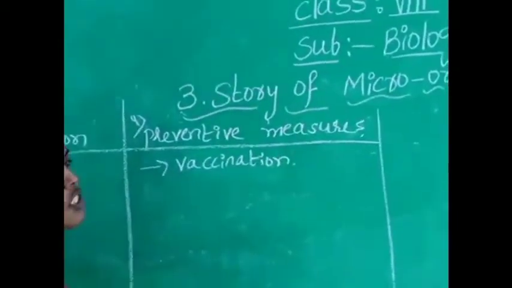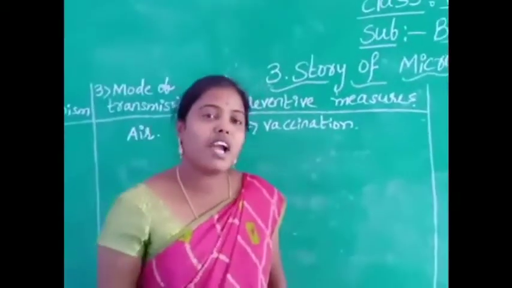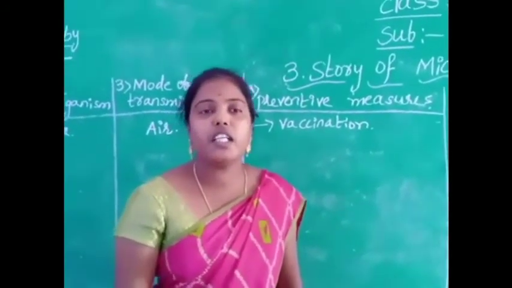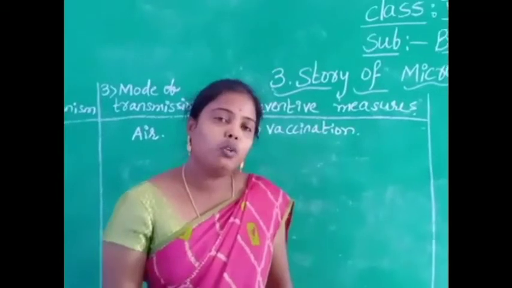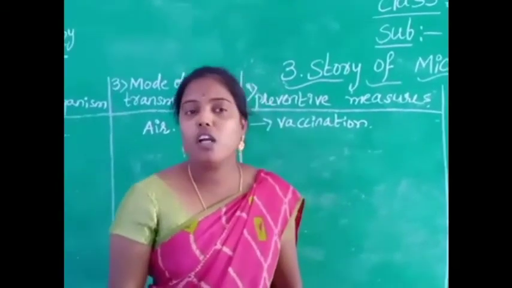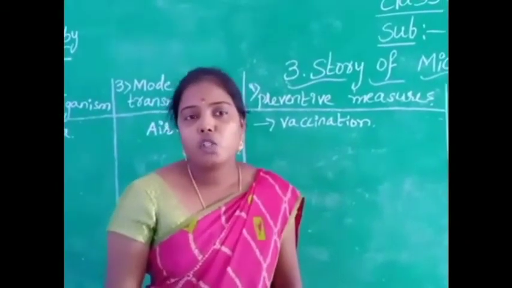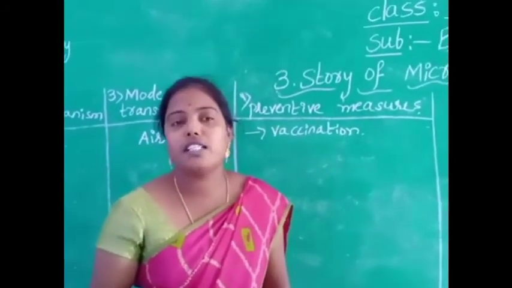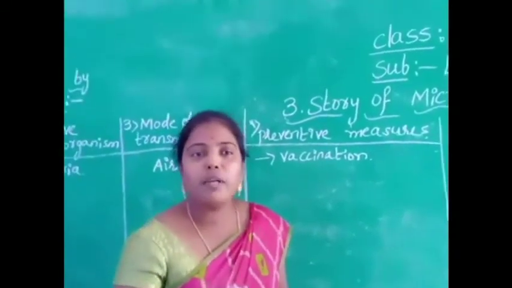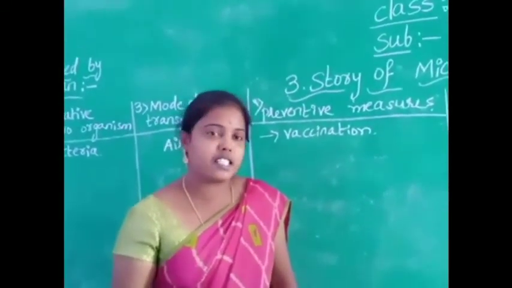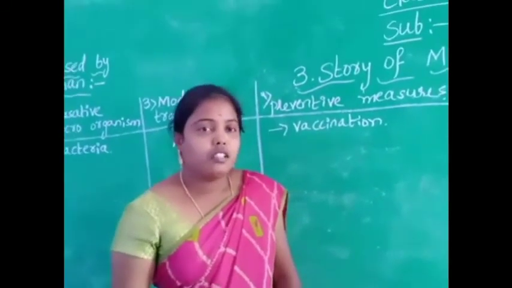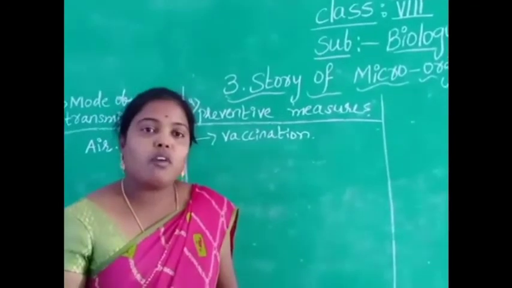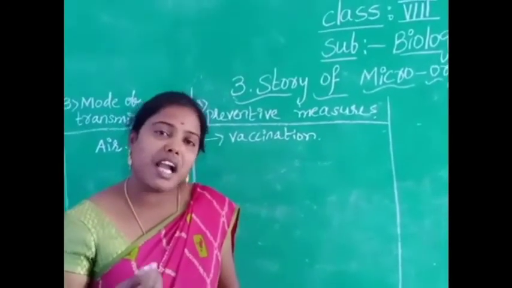Children, yesterday we discussed vaccines. What is a vaccine? Dead and weak microorganisms injected into our body through injections. This is called a vaccine. Before a microorganism enters and causes a disease, we take these medicines to avoid the disease for life. These medicines are called vaccines.